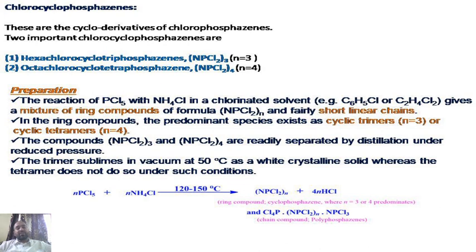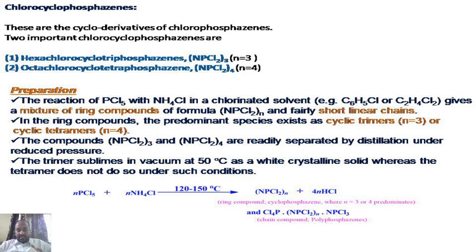The first and foremost thing that we have to discuss is their preparation, how these chlorocyclophosphazenes can be prepared. As can be seen in the reaction, we are taking many moles of phosphorus pentachloride.